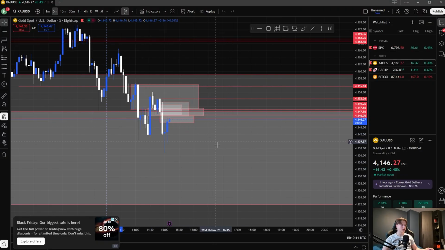Okay, so a new candle formed. You know for sure it's ready in this fair value gap. Now we just have to wait for it.